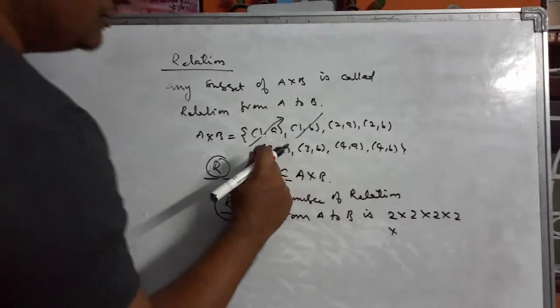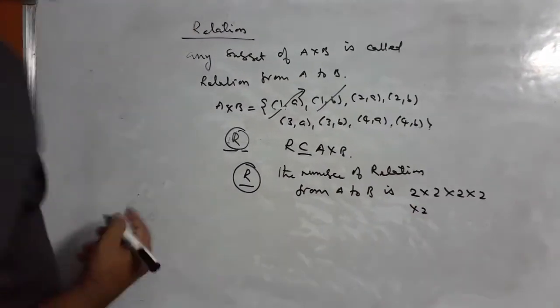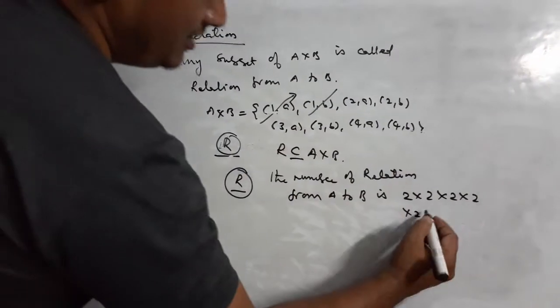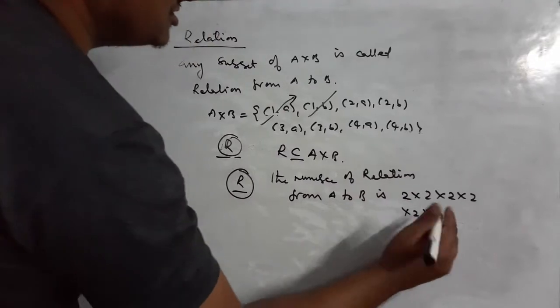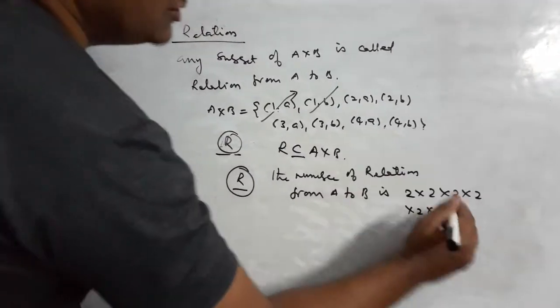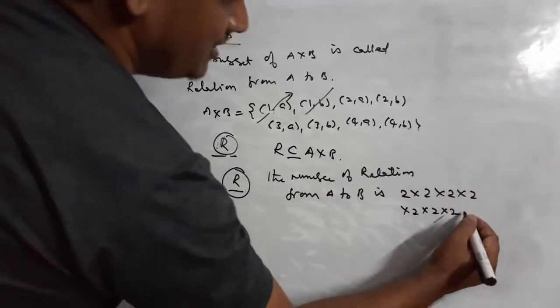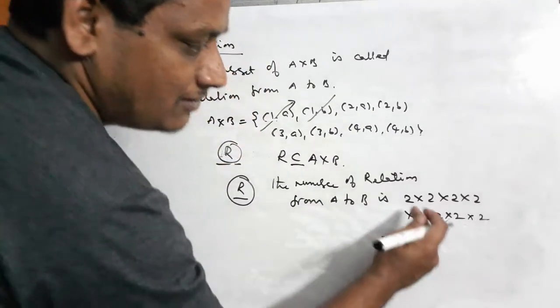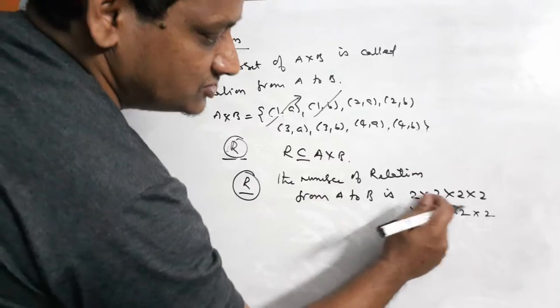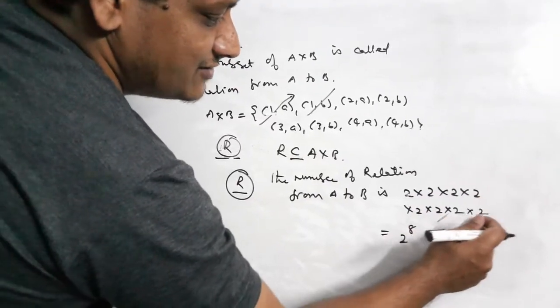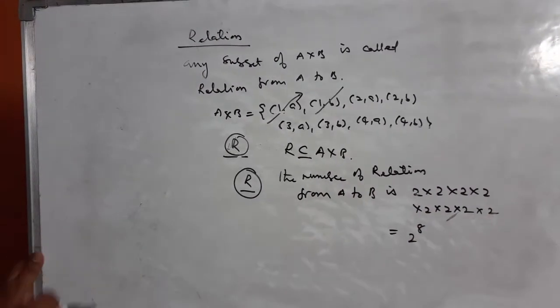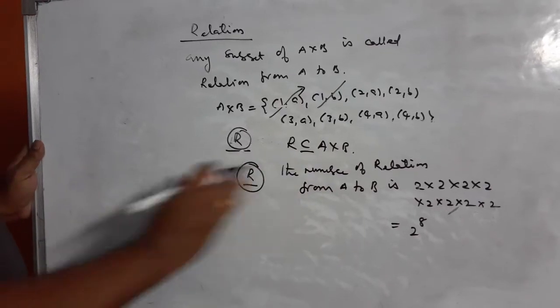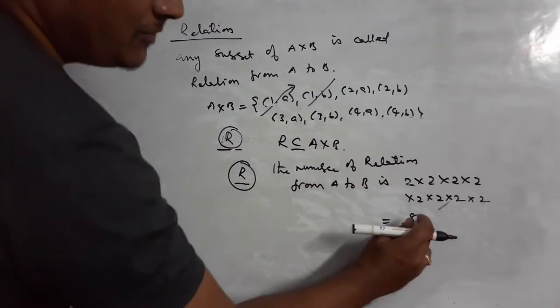And (3, A) has two chances, (3, B) has two chances, (4, A) two chances, (4, B) has two chances. So that is nothing but 2 to the power of 8, with 1, 2, 3, 4, 5, 6, 7, 8. The number of relations from A to B is 2 to the power of 8.